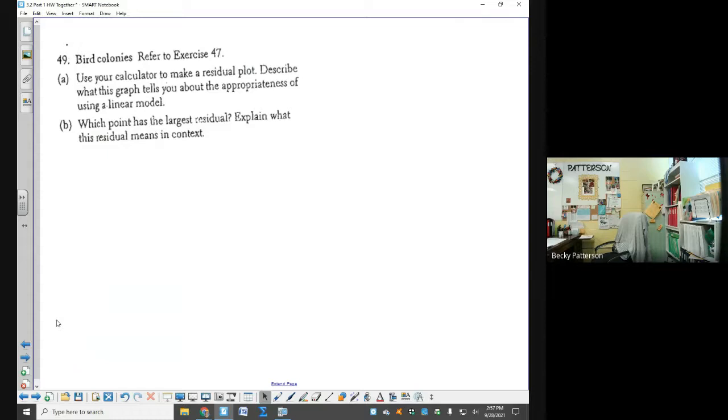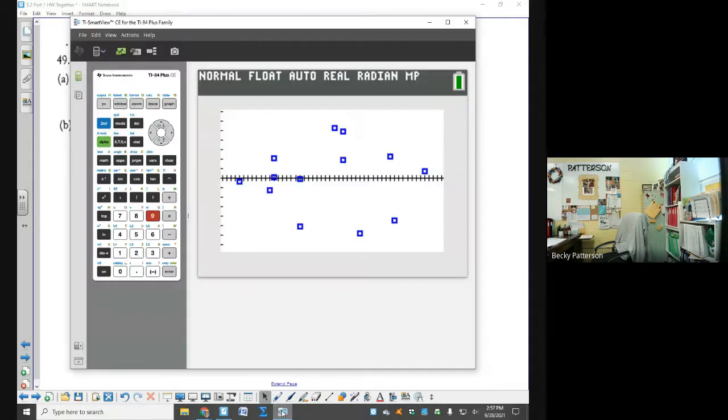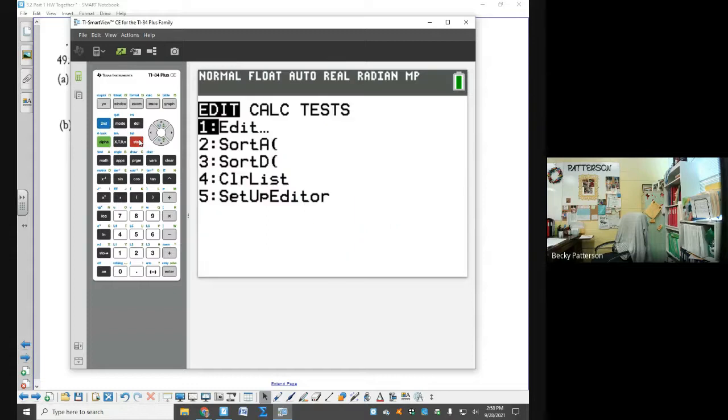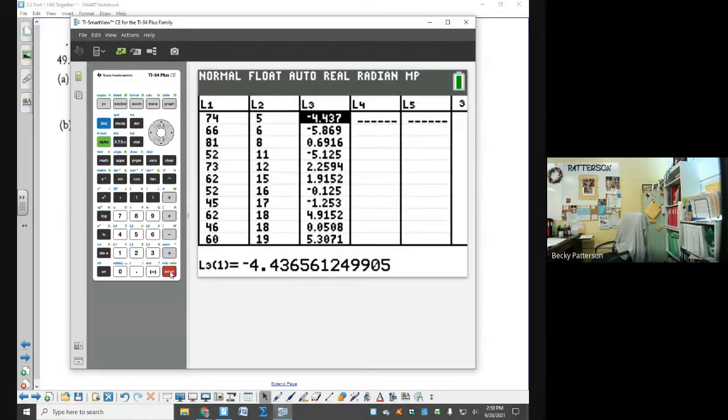Okay, who has the largest residual? Well, I can look here and eyeball it. But guys, where are the actual residuals? Yeah, they're in your L3. Go look at your L3. I see a 5.3 right there.